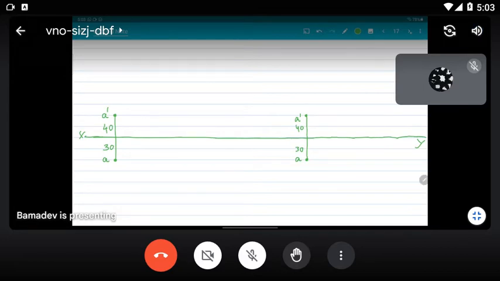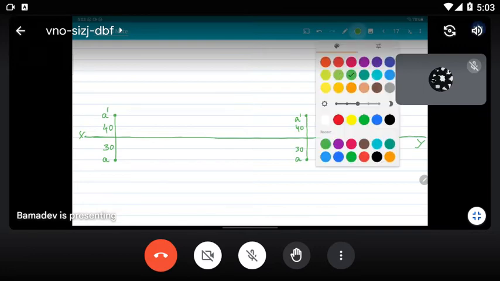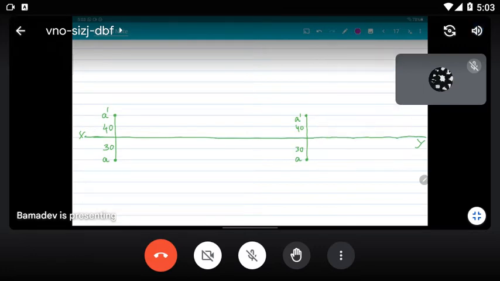So just do one thing. Draw a straight line here.